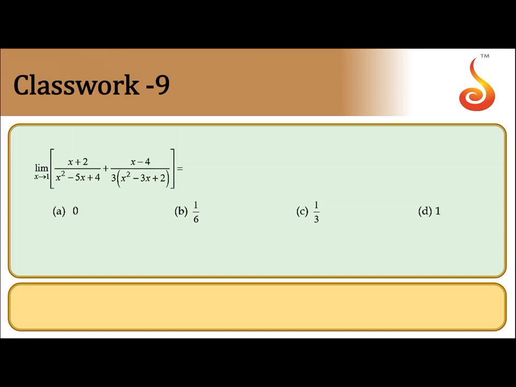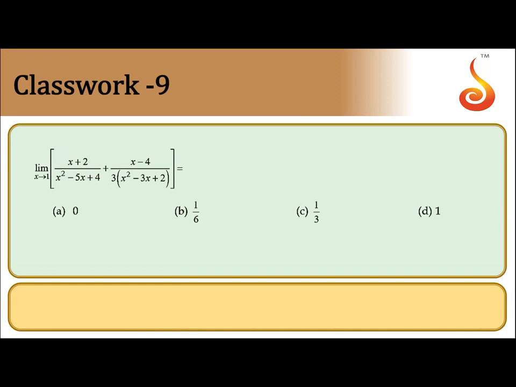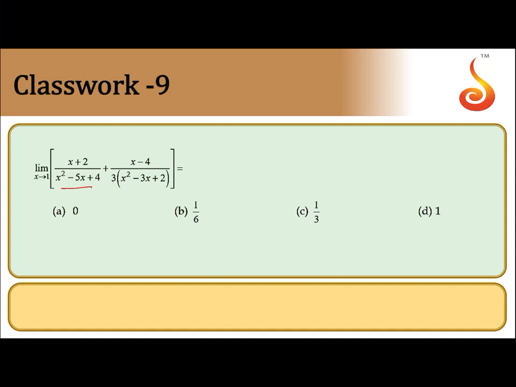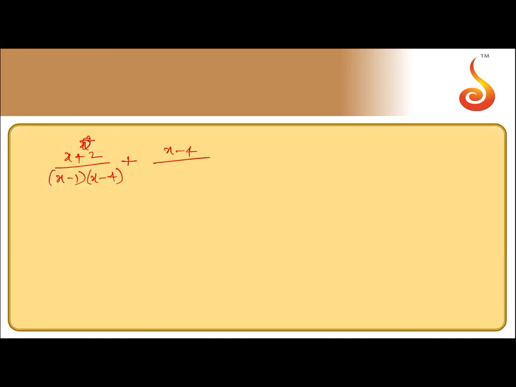As x tends to 1, x + 2 divided by (x² − 5x + 4) plus 3. I think you can factorize this one: x + 2 divided by (x − 1)(x − 4), plus 3 divided by 3 times (x − 1)(x − 2).